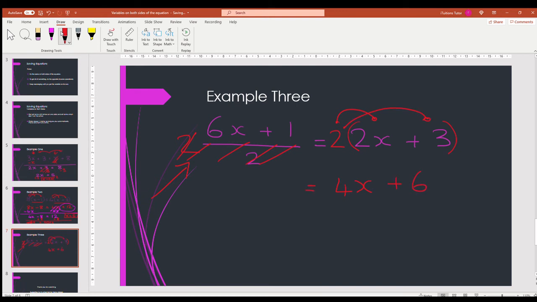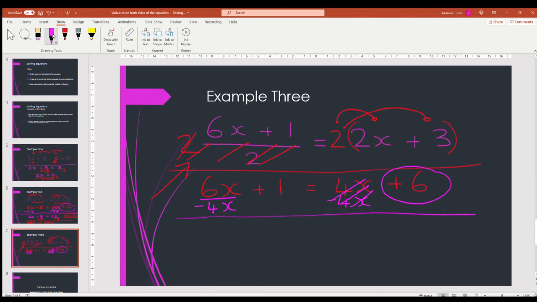Let's bring this down. 6x plus 1. Now we need to get rid of the 4x because it's smaller than the 6x. Do the same on this side. This one cancels out. We only have 6 left on this side. 6x minus 4x leaves us with 2x plus 1 equals 6.